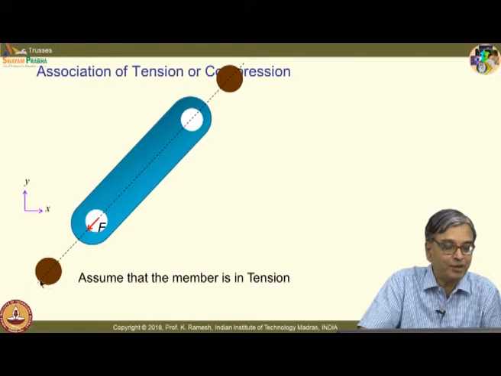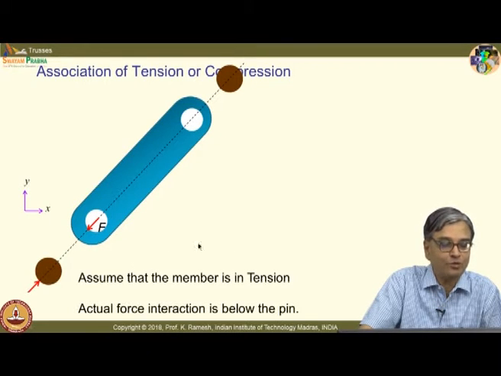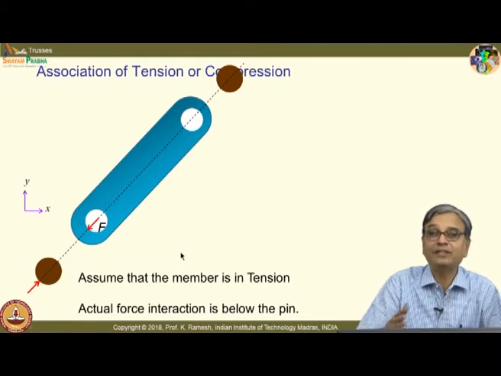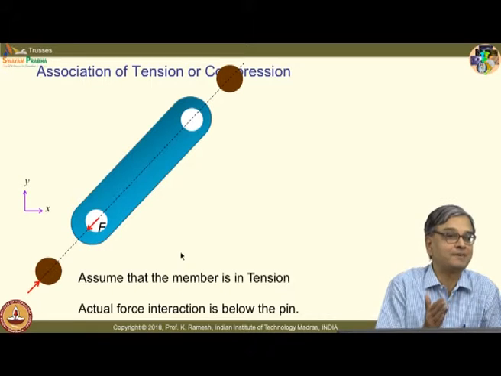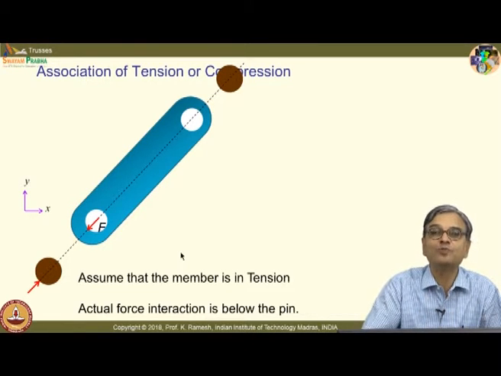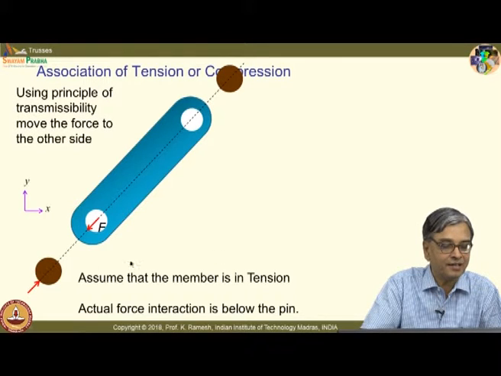It has to happen only on this surface, because that is what is in actual contact with this. So, that is where you will have. Now, we have a nice advantage. I have principle of transmissibility. I can always move the force conveniently to the other side, and I can say that this is what the interaction takes place.